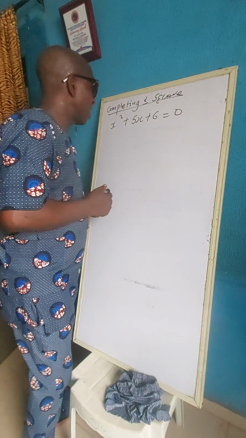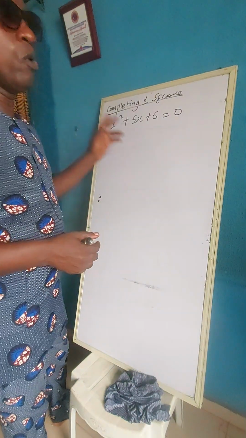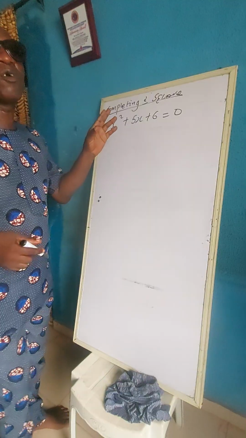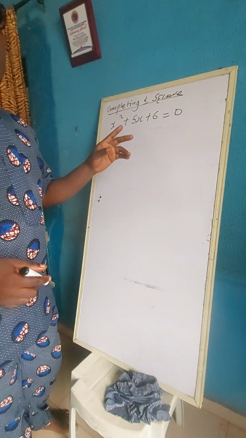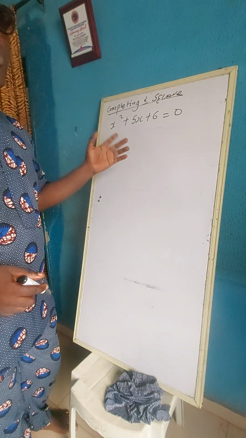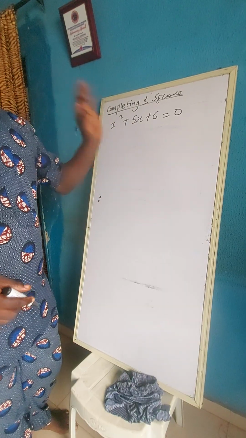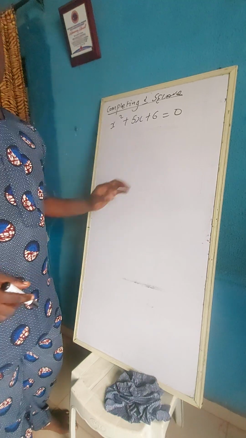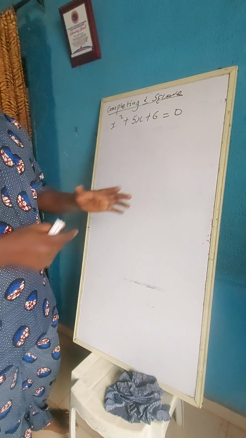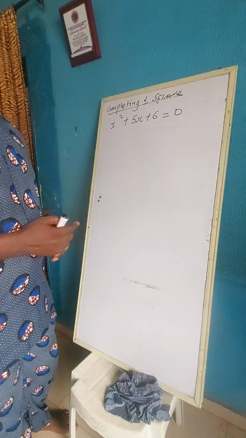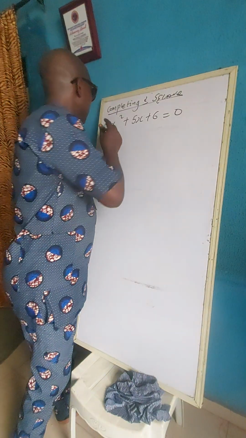x squared plus 5x plus 6 is equal to 0. In the approach of completing the square, the basic principle is to make x the subject of the formula. You try as much as possible to make x the subject of the formula. Let's start. x squared.